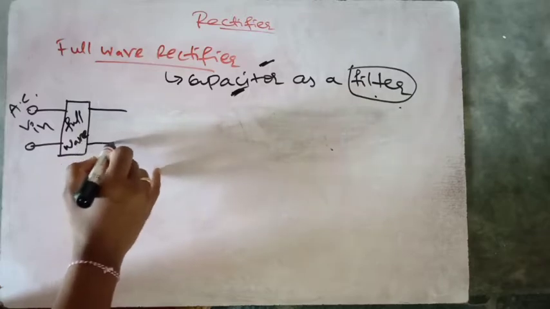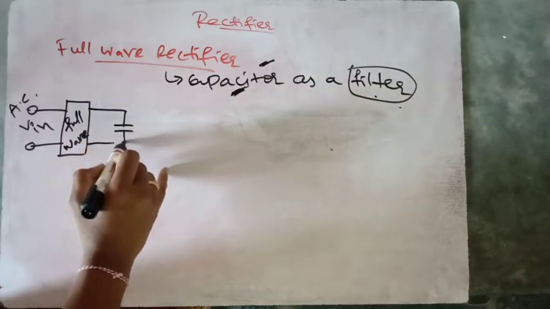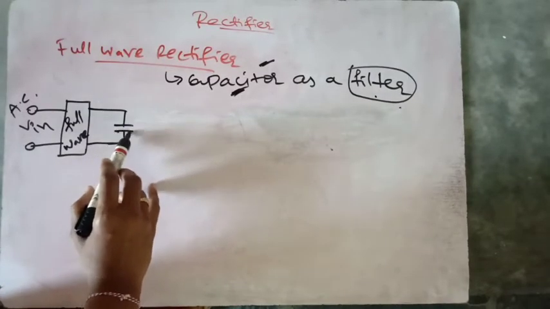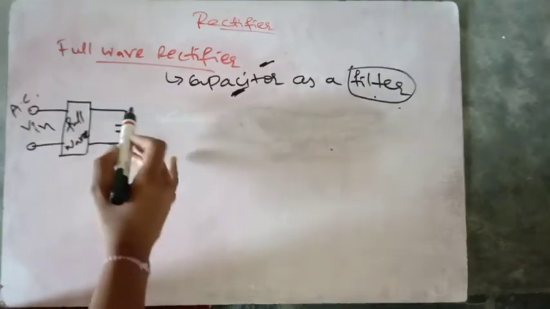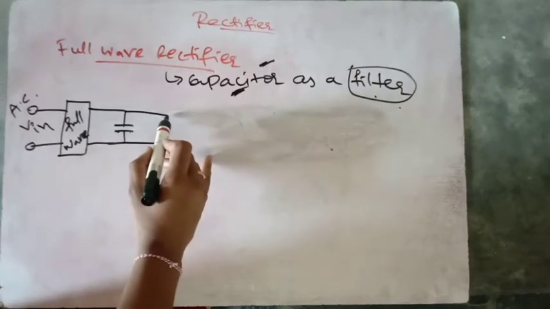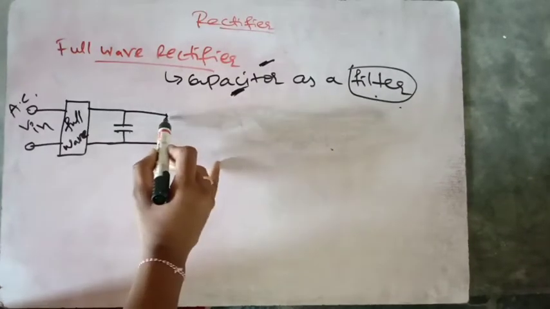And to this full wave rectifier, I had connected a capacitor. A capacitor is nothing but two parallel plates. And to this capacitor, I had connected the load resistance RL.